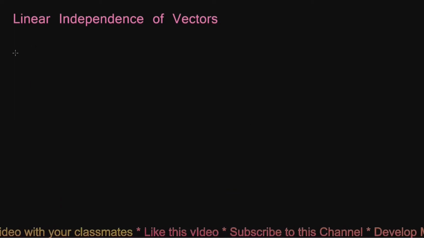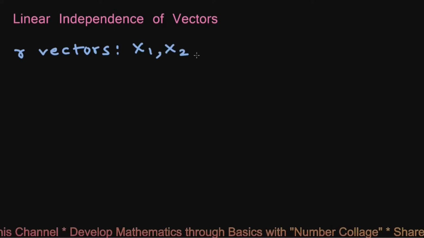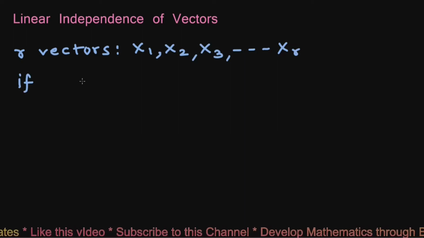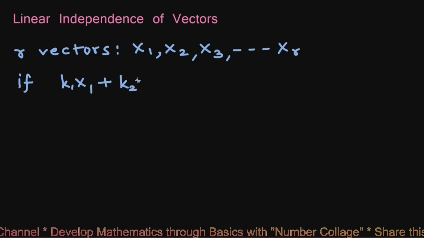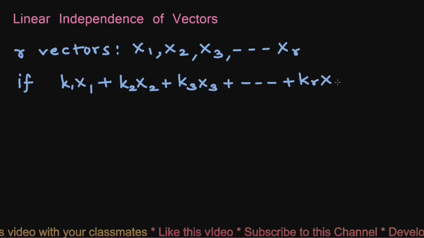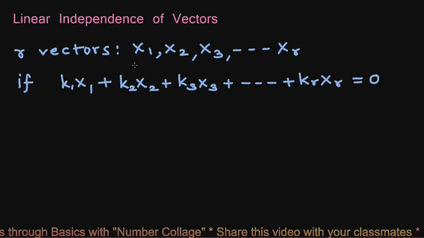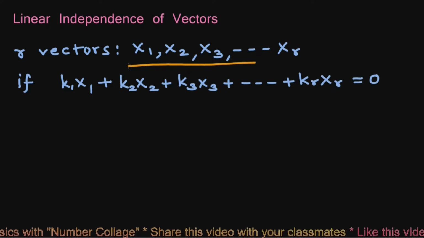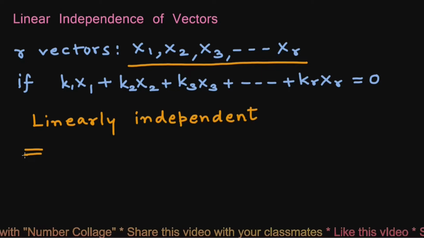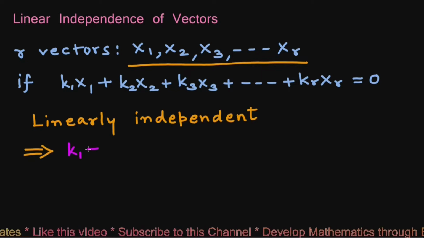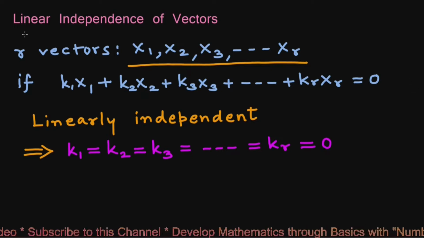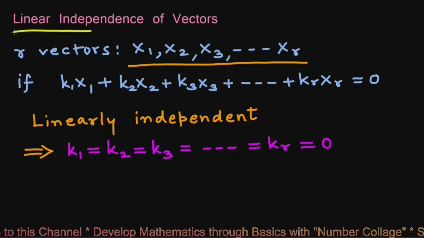Suppose we are given a set of r vectors x1, x2, x3, so on and so forth, xr, and if every relation of the type k1x1 plus k2x2 plus k3x3 plus so on and so forth plus krxr equals 0 implies that the numbers k1, k2, k3, so on and so forth kr are all zeros, then the set of r vectors is said to be linearly independent.